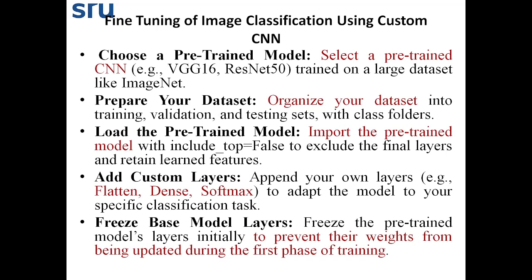Prepare your data set, means first of all we have to select a pre-trained CNN model. Then we have to prepare our own data set, means organize the data set into training, validation and testing. Then load the pre-trained model or import the pre-trained models.